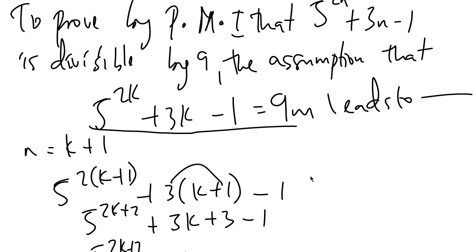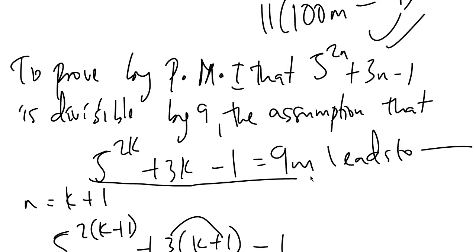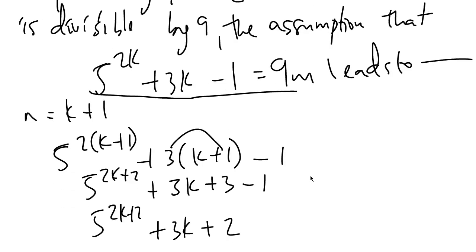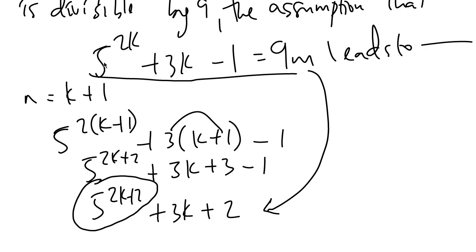So I've substituted n as what? k plus 1. Then you can see that the options when I checked are still in terms of m, just like what we just solved some minutes ago, right? So what do we do? Relate this now to this. You can see that you can break down this 5 to the power 2k plus 2 in terms of what? 5 to the power 2k.